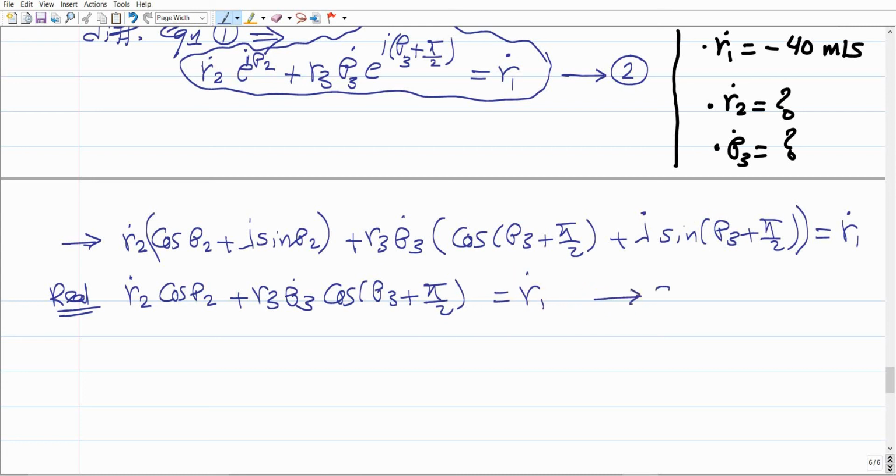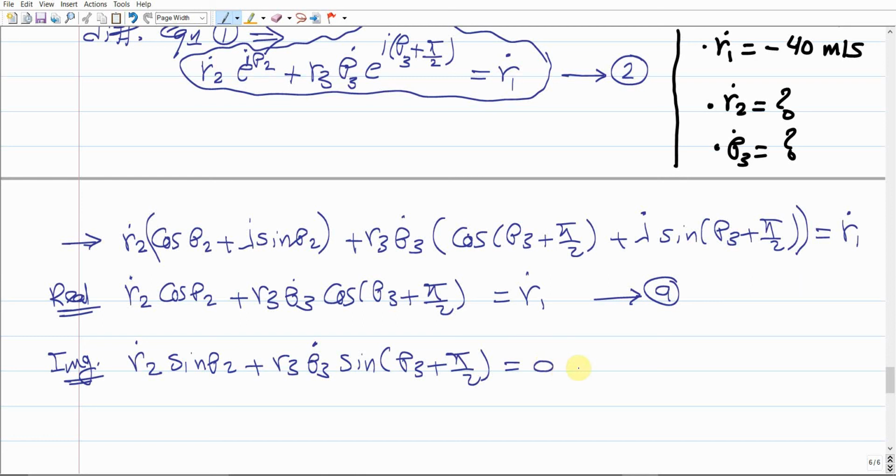This gives us equation A. Then the imaginary part takes the sine: R2 dot sine theta 2 plus R3 theta 3 dot sine of theta 3 plus pi over 2 equals 0. There is no imaginary part on the right side, and this gives us the second equation.